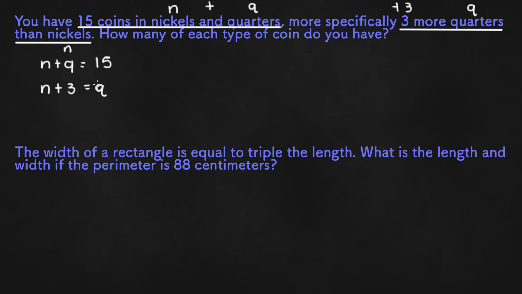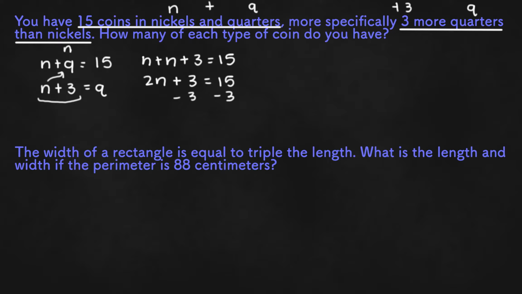Now, since this Q is isolated, we could plug in N plus 3 into the Q right here. If we do that, we get N plus N plus 3 equals 15. If you combine like terms, you get 2N plus 3 equals 15.